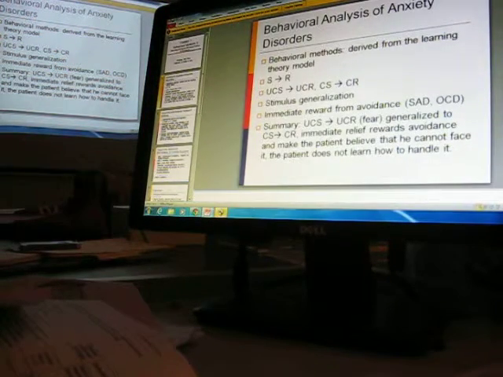So that's stimulus generalization. So it's all related to how we form fear response. People tend to form fear response by repeated pairing, this kind of classical conditioning process.